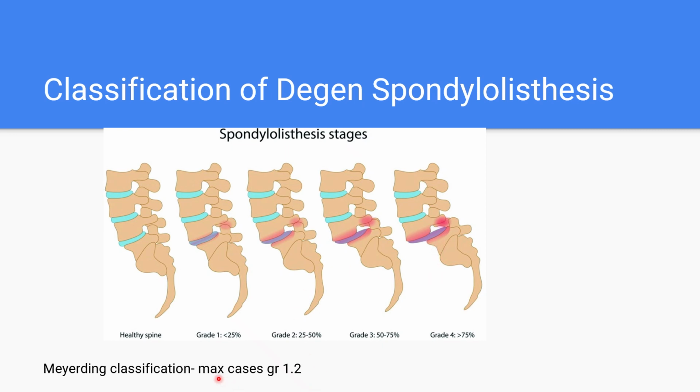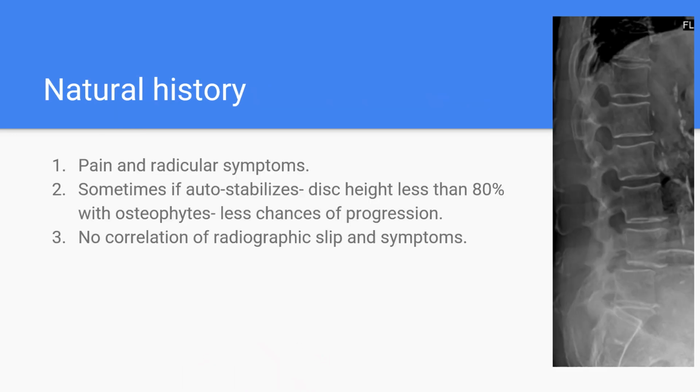So here studies have shown that the maximum of the cases come in grade 1 or grade 2. Now, what happens generally as a natural history in degenerative spondylolisthesis is, you will have pain and radicular symptoms.